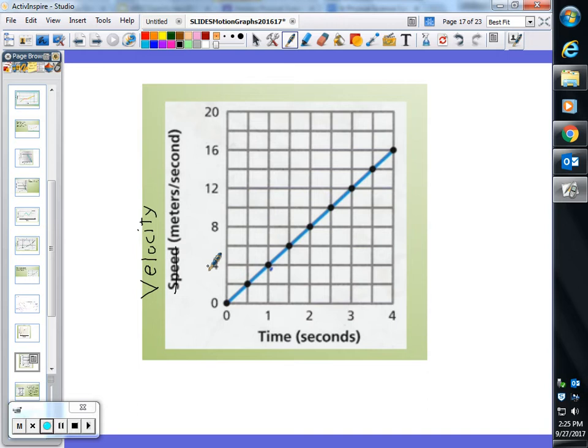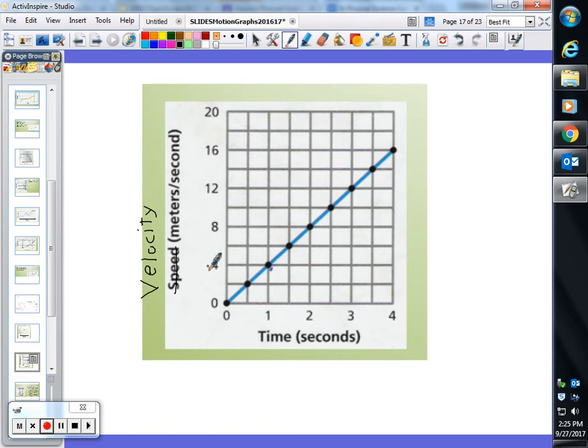So, what's happening to the object that is being represented here in this graph? If you were watching this object, what would it be doing? Speeding up, right? What's continuously happening to the y value on this graph? It keeps going up and up and up, right? This is an object speeding up, right?